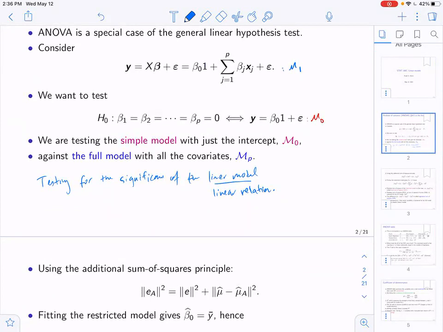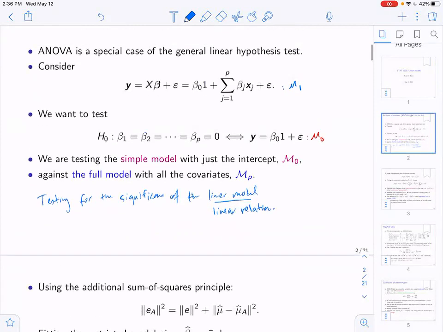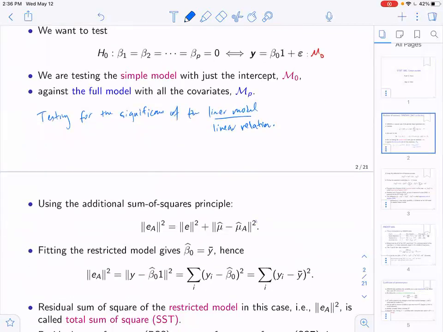Just like any other general linear hypothesis test, I have to fit this model and then compute the F statistic, which I can do by this principle: I can compute the additional sum of squares as the difference between the two SSEs.